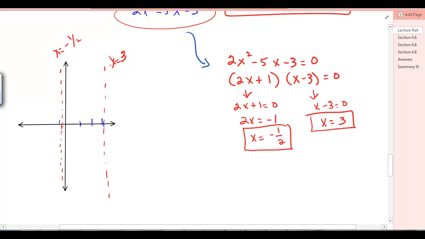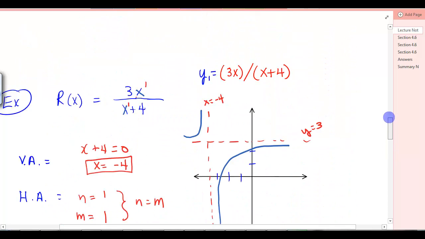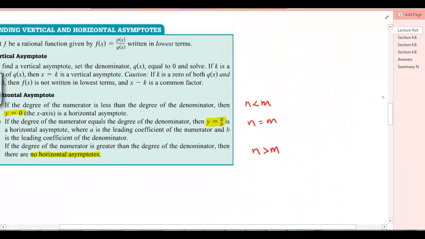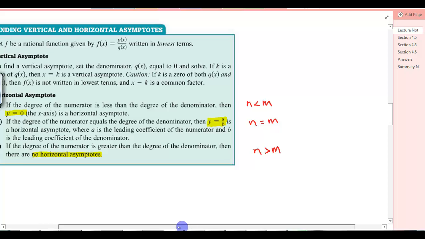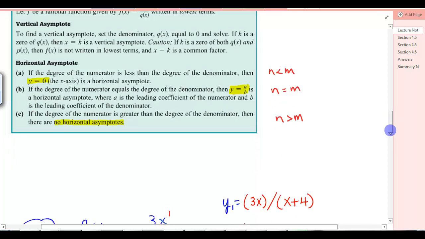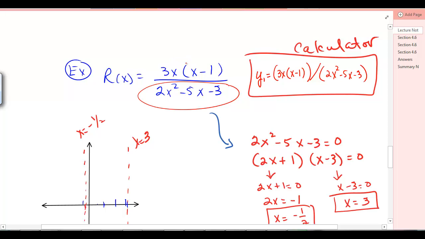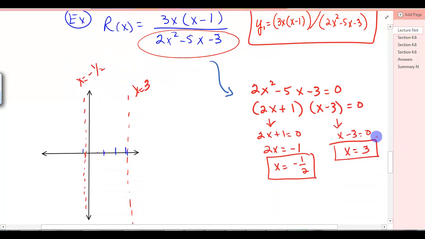All right. And remember that we said up here on the horizontal one, if the degree of the numerator is less than the denominator, then y equals 0. So is that what we have in this one? The degree of the top, let's put this here.